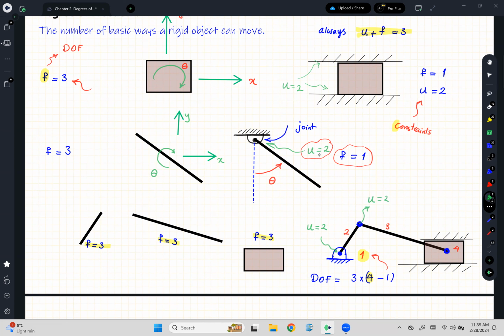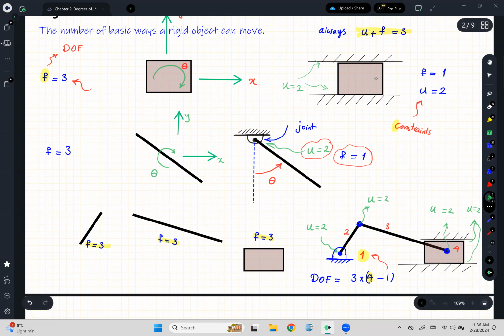U is equal to 2. And what about this other joint here? U equal to 2. And this constraint here is also equal to 2, very similar to this box there.